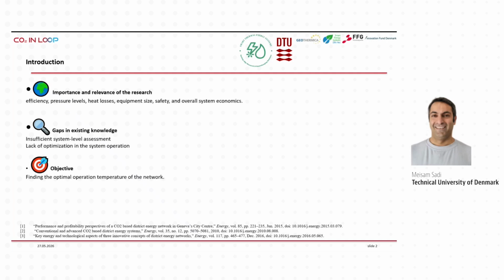So the gap here is the lack of system level assessment and network optimization. Thus, we are going to find the optimal temperature for the network during the annual operation of the system.